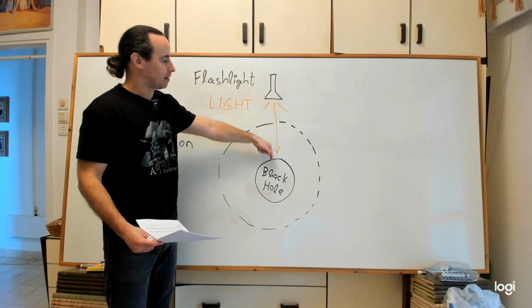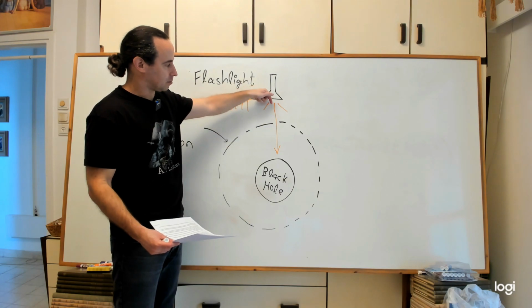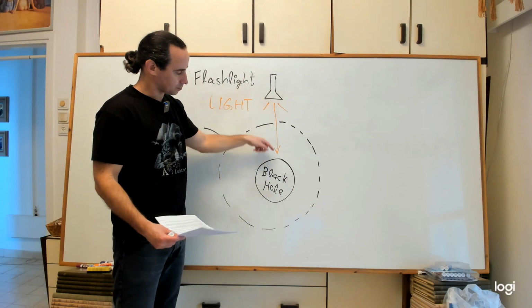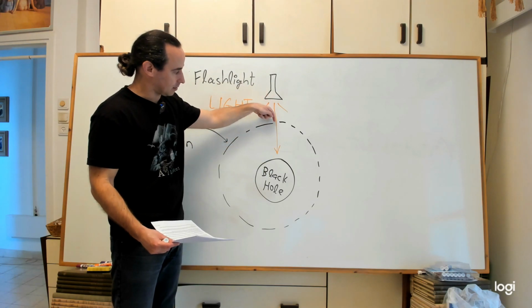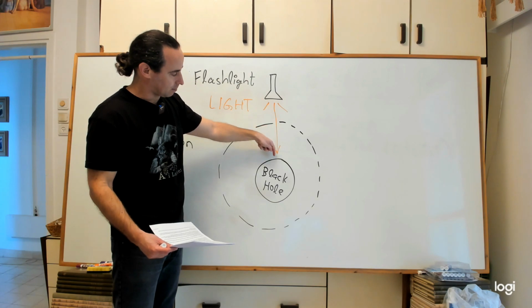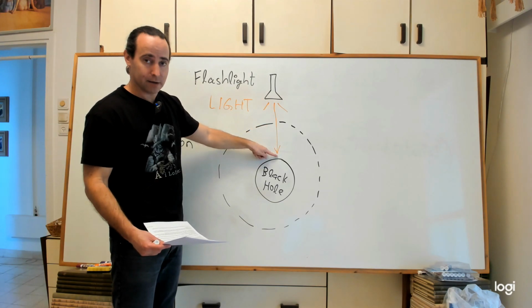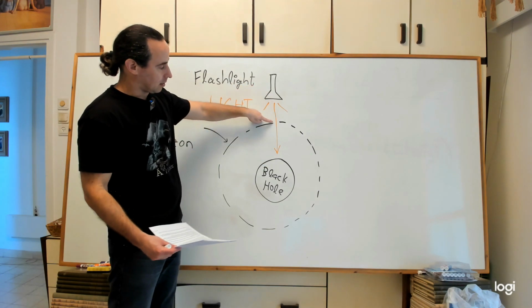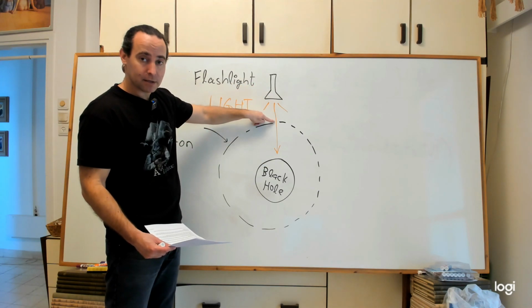But for the light, this doesn't matter. It gets more energy because it's pulled fast. It's going here and doesn't feel anything special until it hits the ground level of the black hole. For us, from here on, we don't see the light.